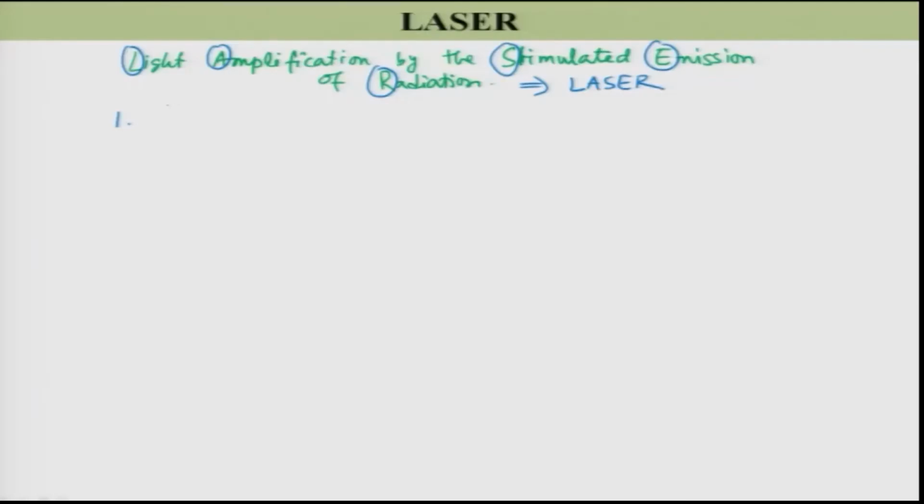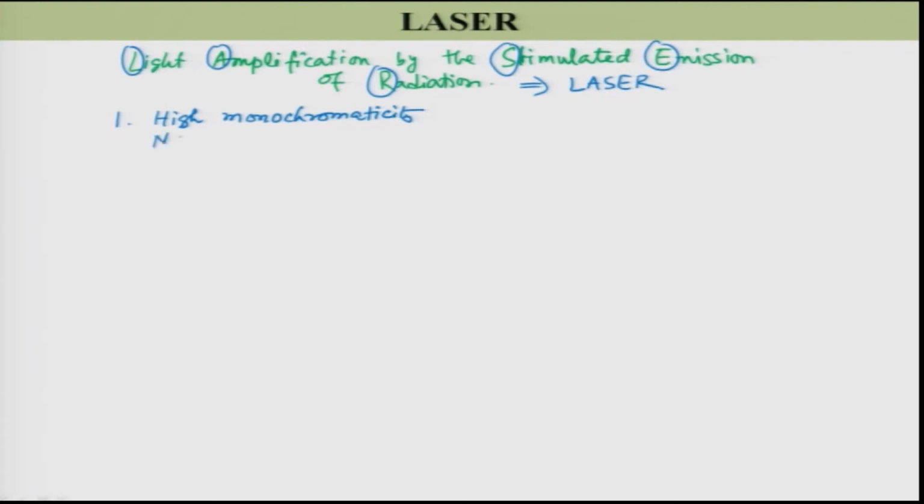Let us see. Property number 1, lasers are generally highly monochromatic. So, laser lights are monochromatic light.